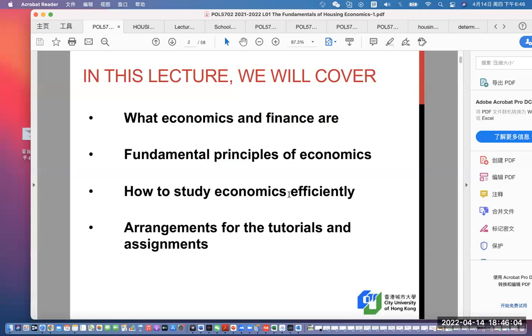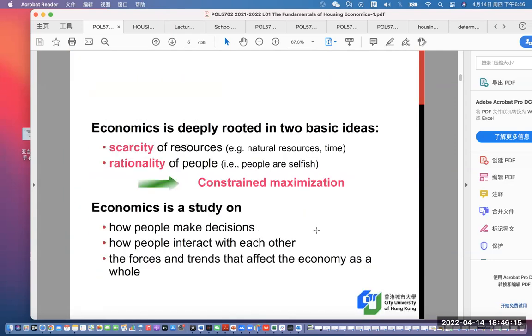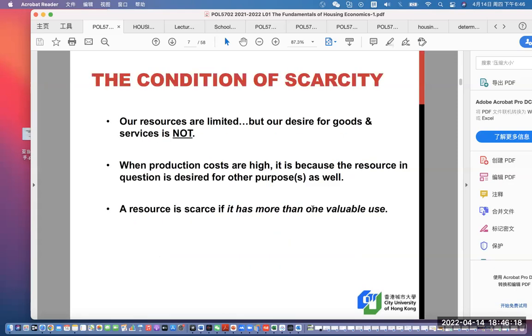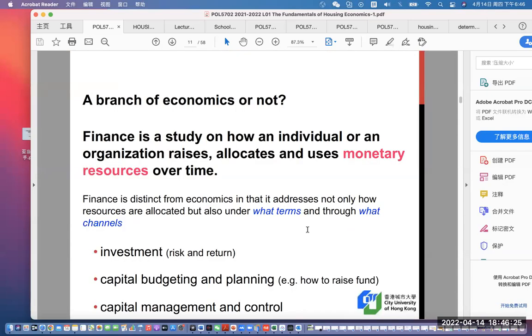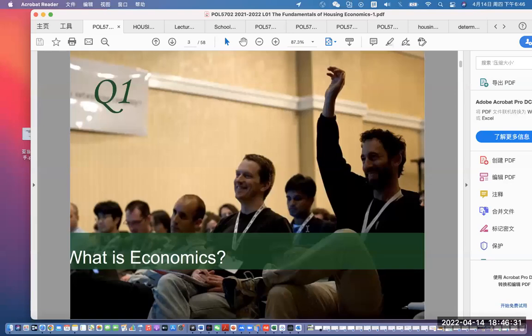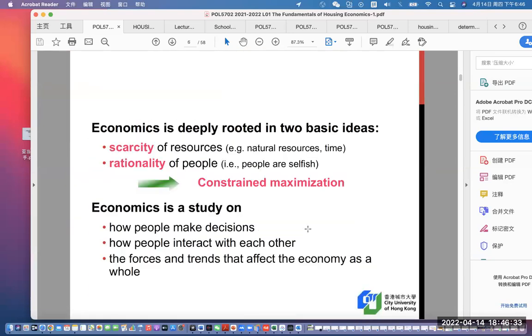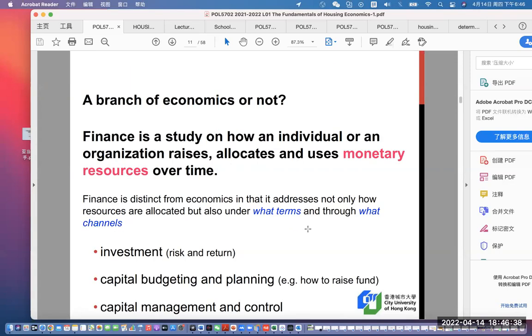All of this becomes important rationale for the economic rules. So the 10 principles we can go through together: scarcity, the conditions of scarcity, and the 10 rules of that. I hope you're going to follow me. But finance is quite easy. It's how to evaluate, arrange, allocate, and use monetary resources.